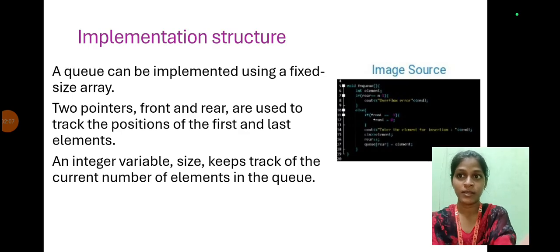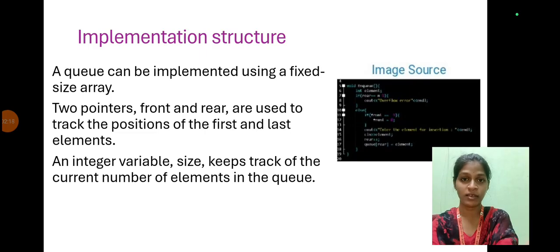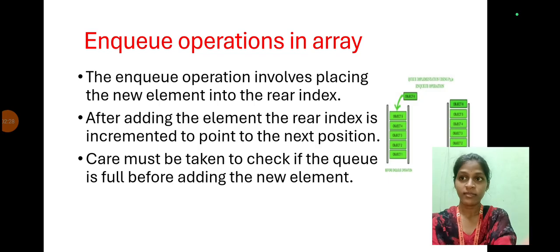Implementation structure. A queue can be implemented using a fixed size array. Two pointers, front and rear, are used to track the positions of the first and last elements. An integer variable size keeps track of the current number of elements in the queue. Enqueue operation in array.